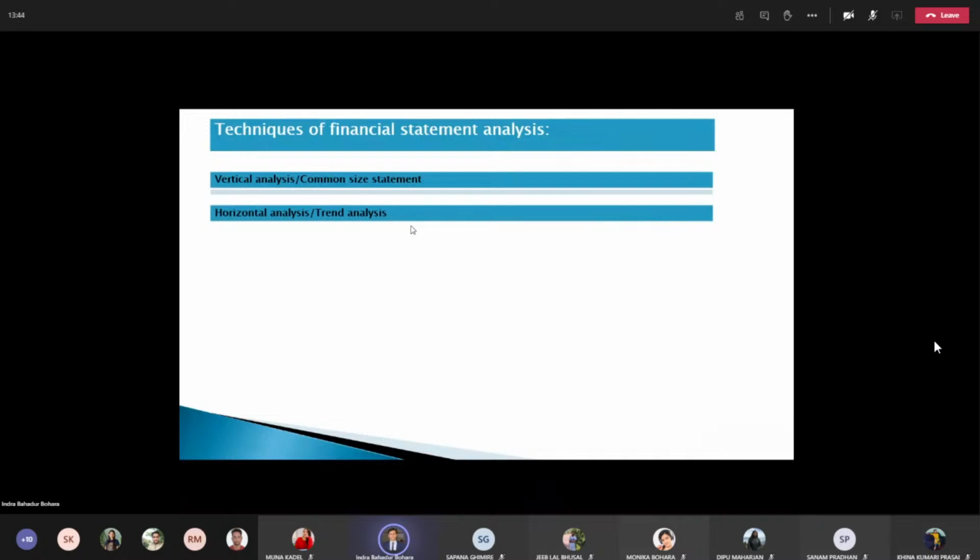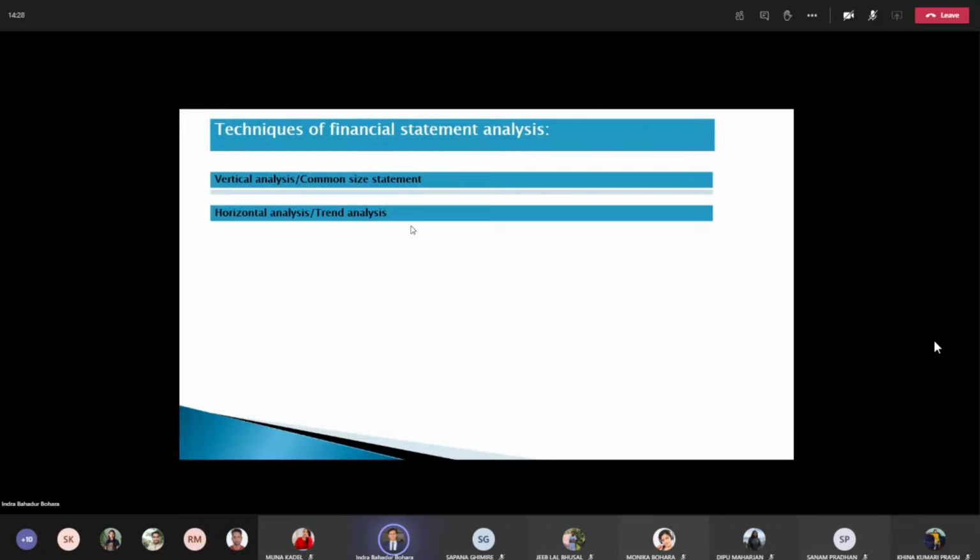Another is horizontal analysis, which is also called trend analysis. Under horizontal analysis, the base year, the first year, is assumed as 100%. Then we calculate the percentage of each and every component of the income statement and balance sheet with respect to the base year, and by what percentage it has changed. It means in the income statement, sales is assumed as 100%, cost of goods sold is assumed as 100% of the first year of the study period, and similarly gross profit is assumed as 100%.